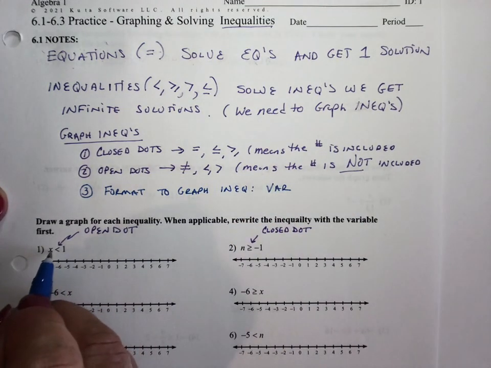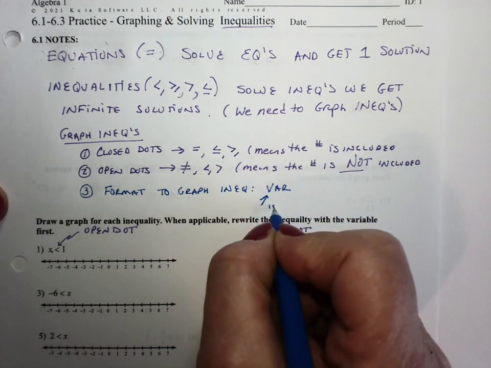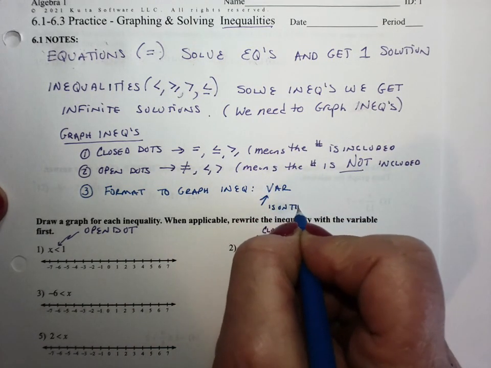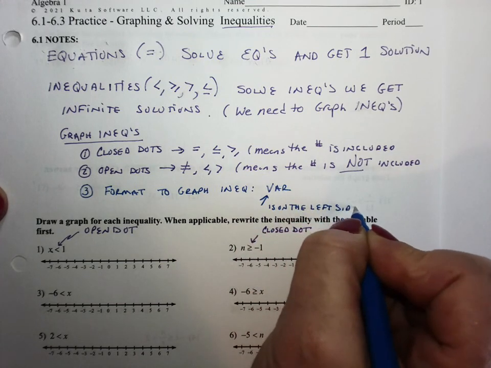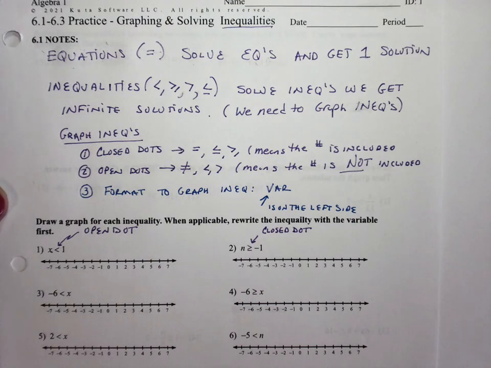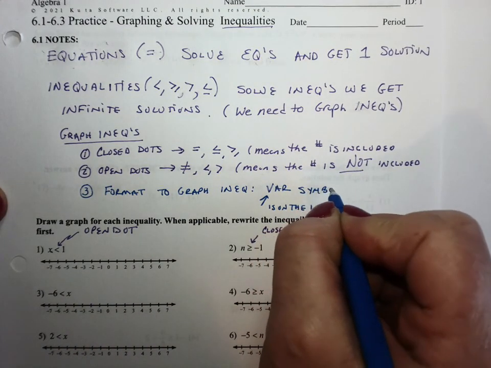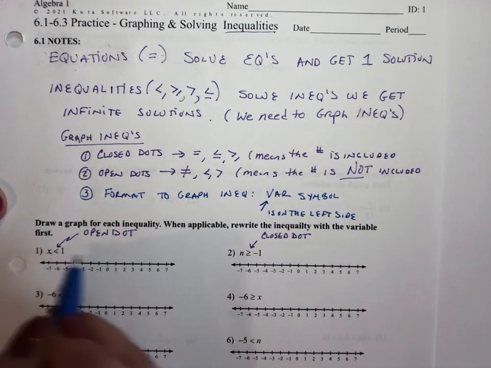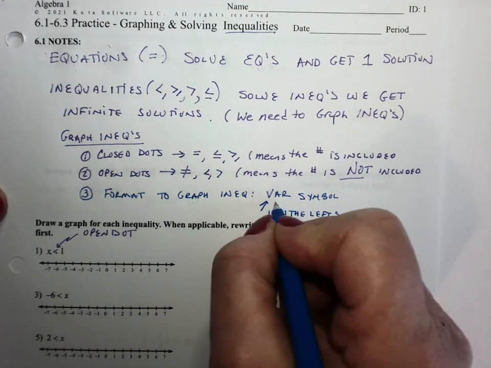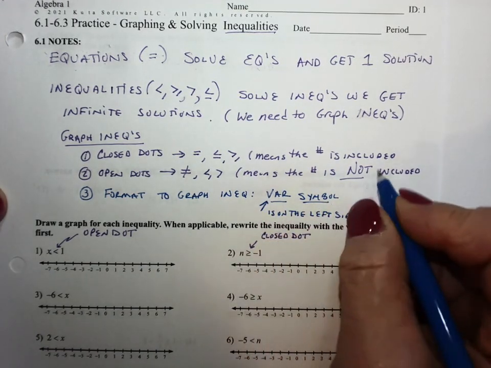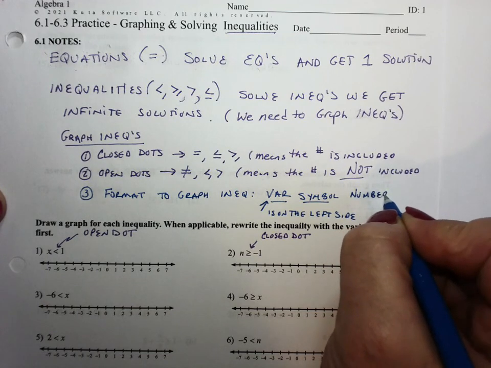So notice here, the variable is on the left side. Okay, symbol. So our symbols are our inequality symbols. Symbol and number.